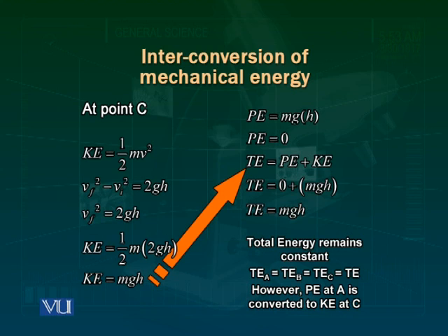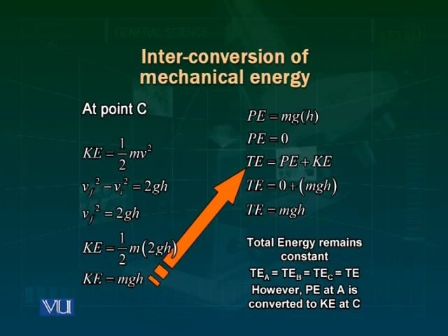And the potential energy, at the bottom position at point C, because the potential energy has now lost its height, automatically becomes 0. So the total energy is the potential energy plus the kinetic energy. As the potential energy is 0, and the kinetic energy is equal to mgh, we find the total energy here is equal to mgh.